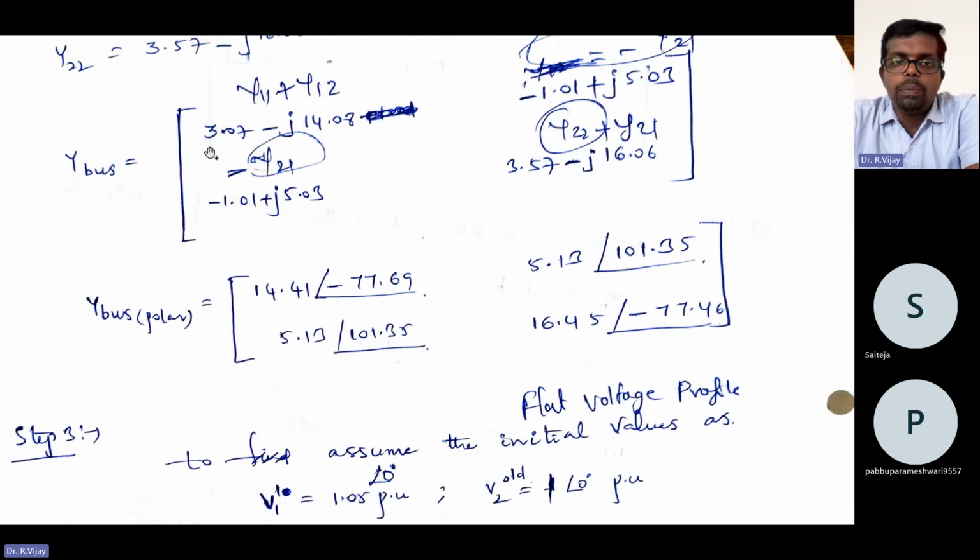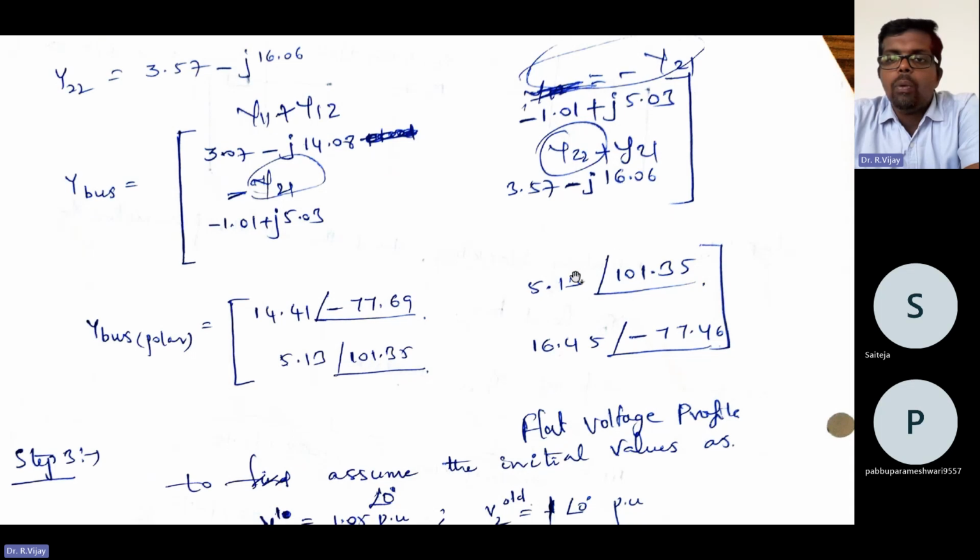For example, 3.07 minus 14.08 j can be converted into 14.41 at the angle of minus 77.69. This is the value you get from the scientific calculator.